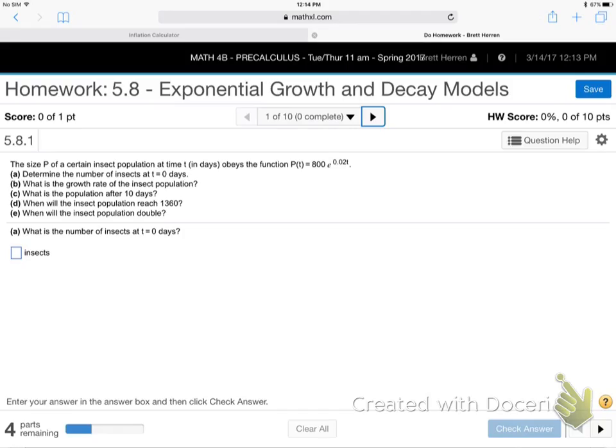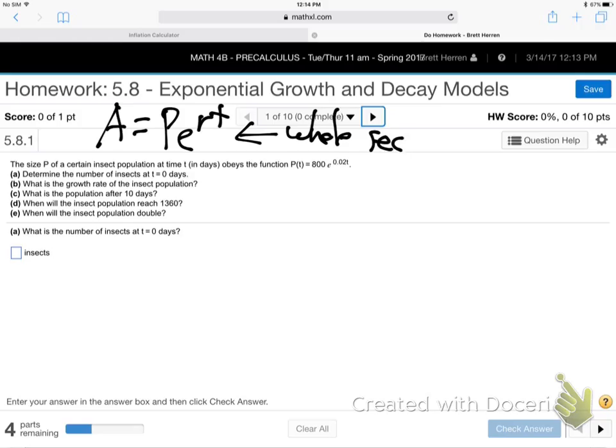So exponential growth. You probably did some of this back in intermediate algebra. This is never easy. These are hard. Basically, in this section, we're just going to keep using the PERT formula. The whole section. It's all the PERT formula. Because living things grow or decay at exponential rates, continuously.